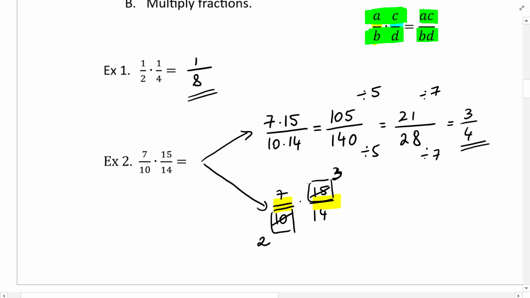And then 7 and 14 both can be divided by 7, and we get 1 and 2. And so now when we multiply across what is left, 1 times 3 and 2 times 2, we get 3 over 4. So we get the same answer. Sometimes it's even better to multiply like that, looking for common factors and simplifying them.